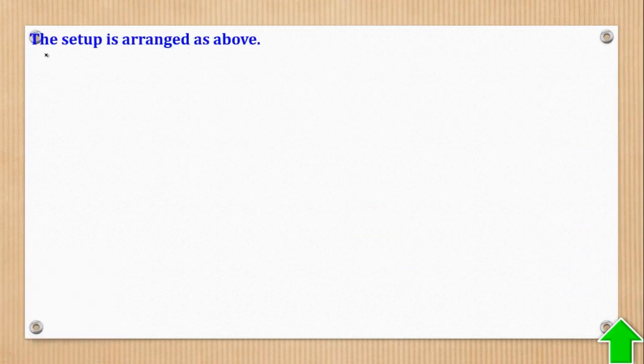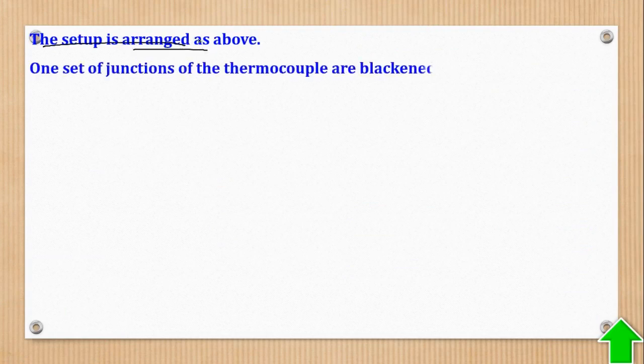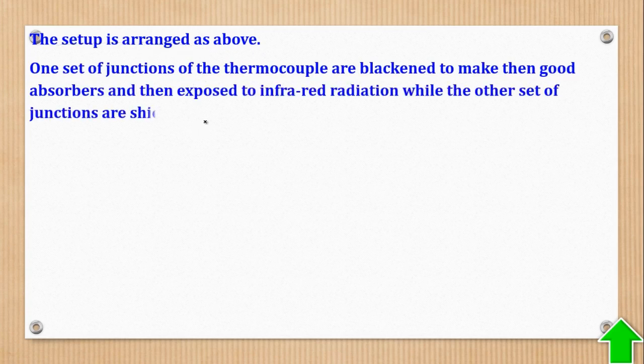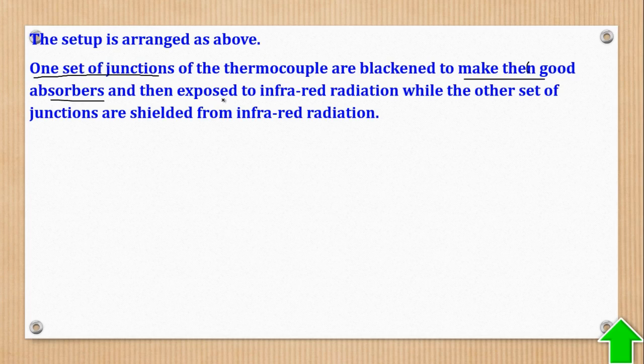So you can see that the setup is arranged as above. So this helps you to connect the diagram to your content. Then we shall come and say that one set of junctions of the thermocouple are blackened to make them good absorbers and then exposed to infrared radiation, while the other set of junctions are shielded from the infrared, as you saw in the diagram.